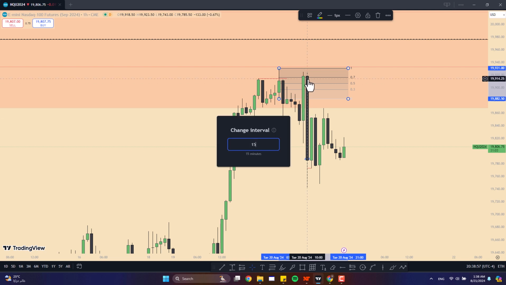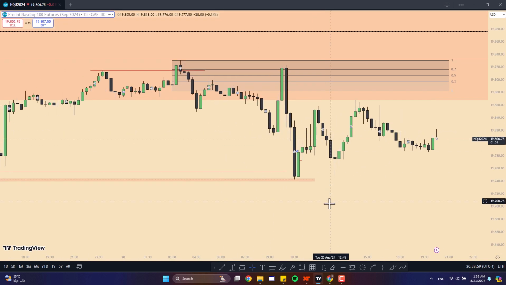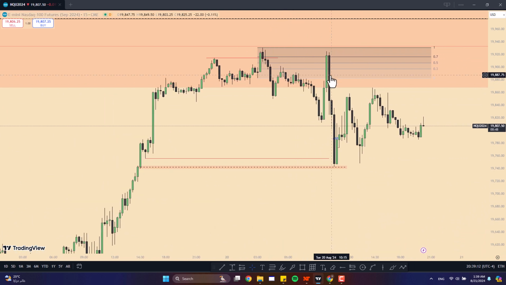If we go to the 15-minute time frame, we can see that this is a 9:30 move, started from here, liquidating all these highs, tapping into the 70%, and then trading lower to the downside. Once we traded to the downside, we swept this low, tapping into this small fractal, right?